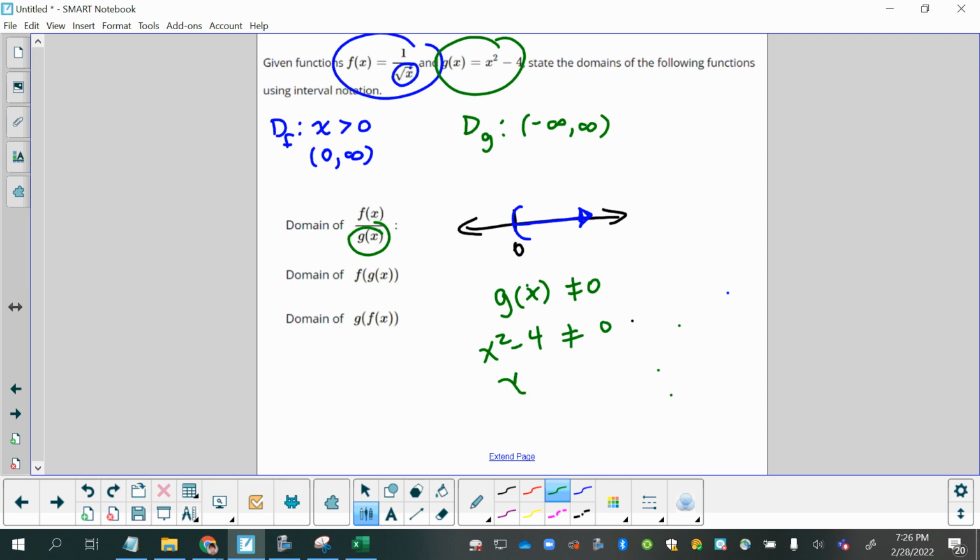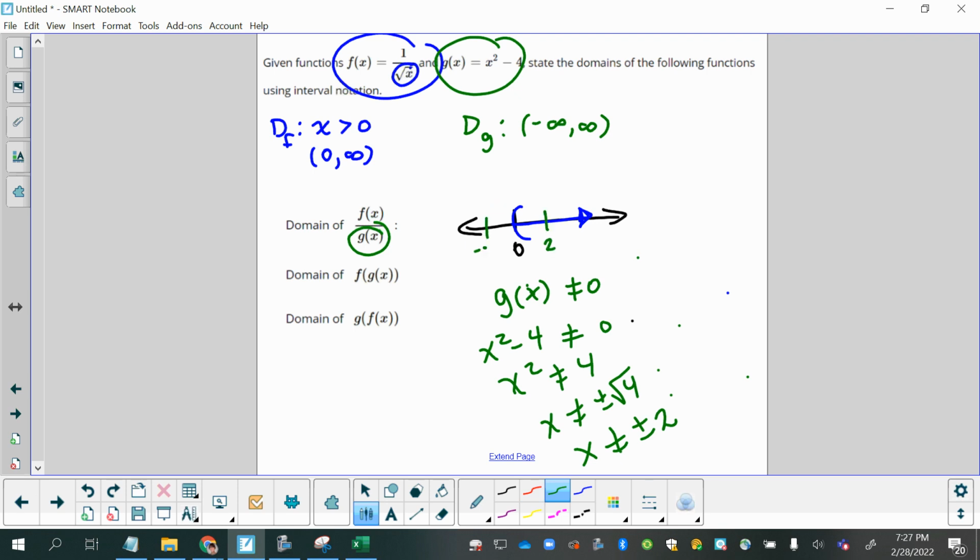So then using the square root method, we can add 4 to both sides, take the square root of both sides, and don't forget the plus or minus, and we figure out that x shall not be allowed to be plus or minus 2, because that would create an undefined result in our overall quotient function, because that would mean 0 in the denominator.